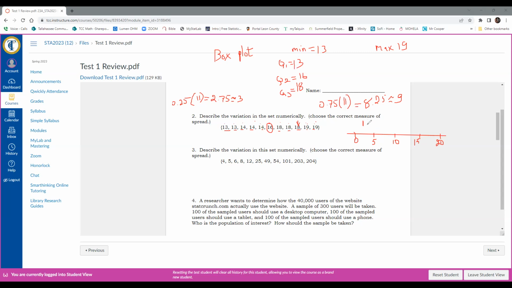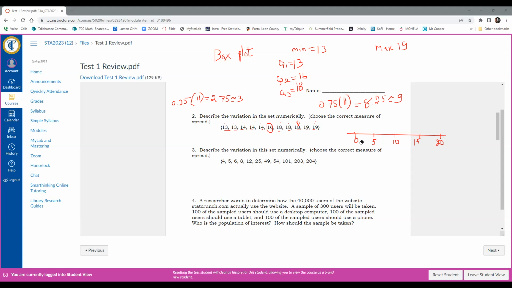Sorry, that's 13, right? Okay, that's 13. So let me change that a little bit, because I didn't pay attention and this one is going to be too small. I cannot see it, so let me make it a little bit bigger. But that's fine.